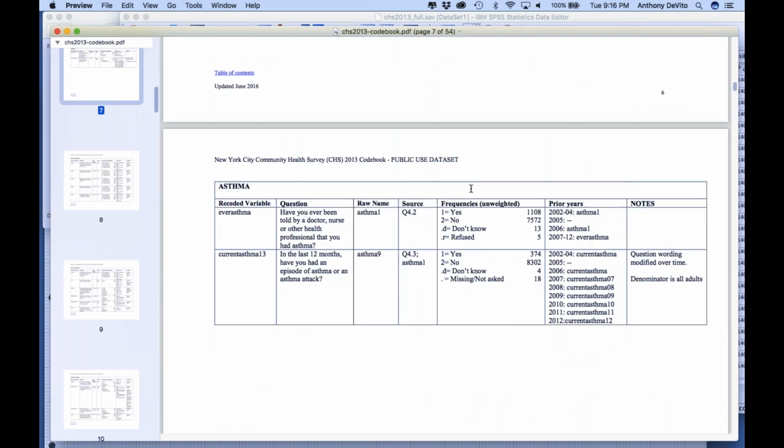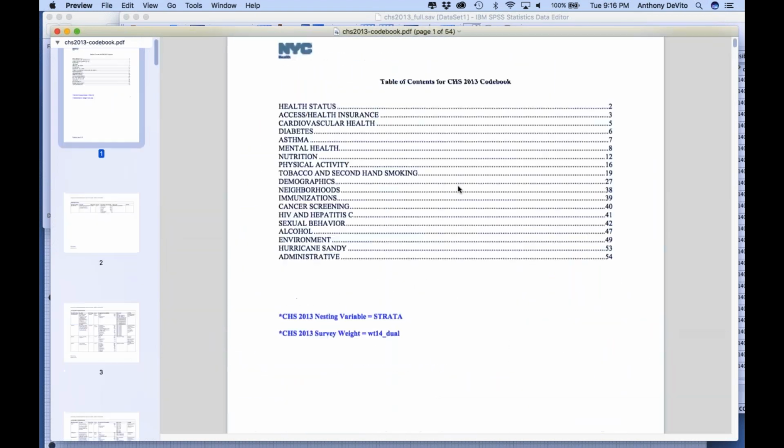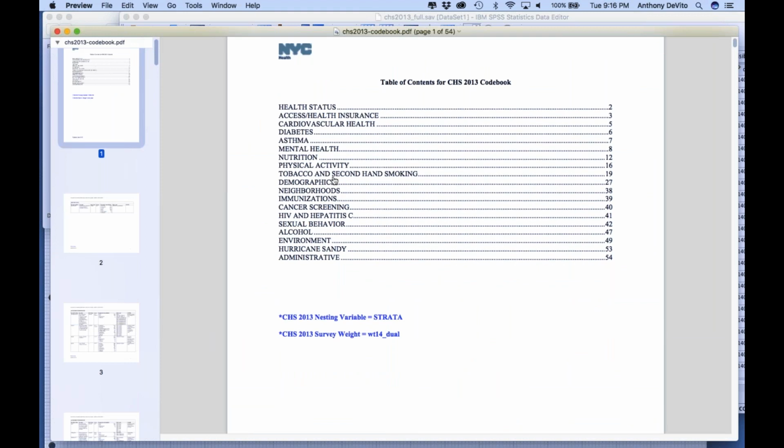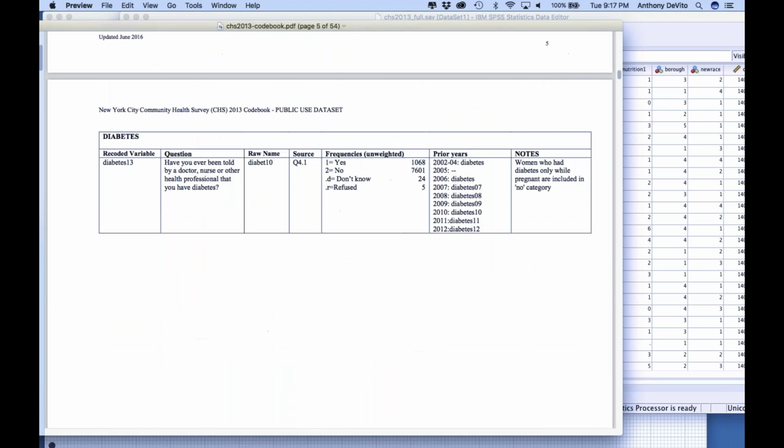And I just want one more variable that has only two values. Let me see what area I might be interested in. How about physical activity? That is going to be down around 16, so I'm going to search over there.